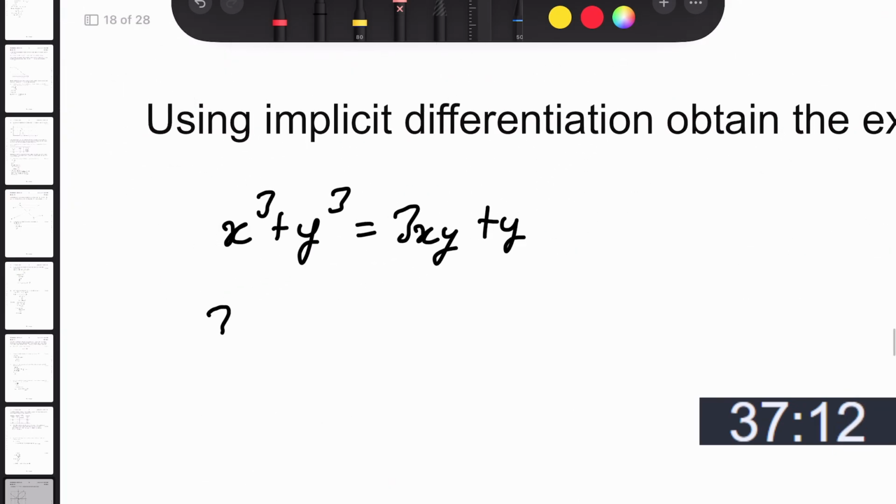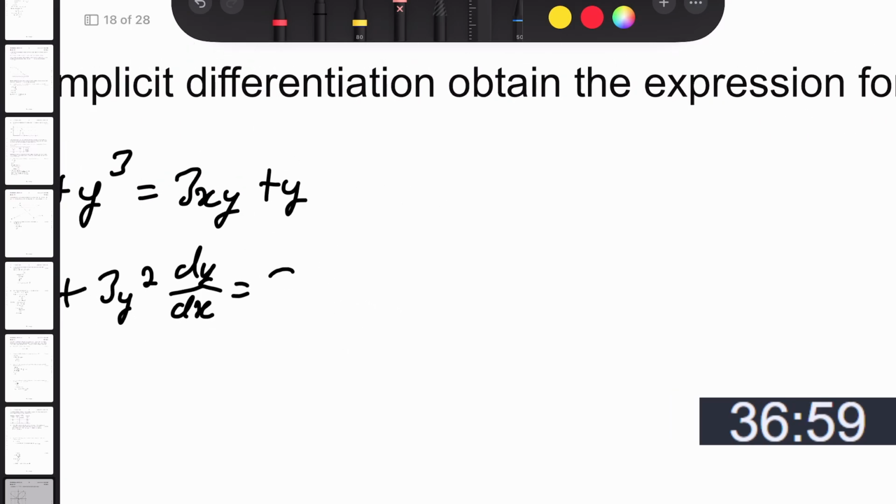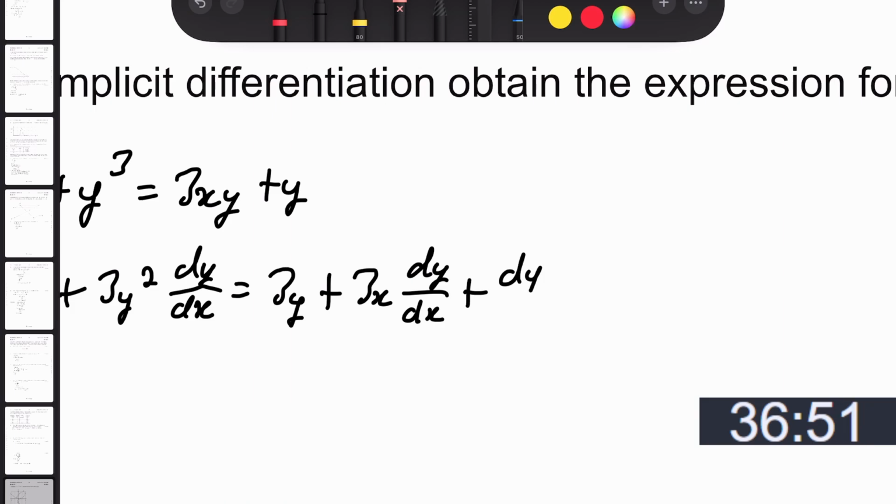So this is going to be 3x² + 3y² dy/dx is going to equal 3y + 3x dy/dx + dy/dx.